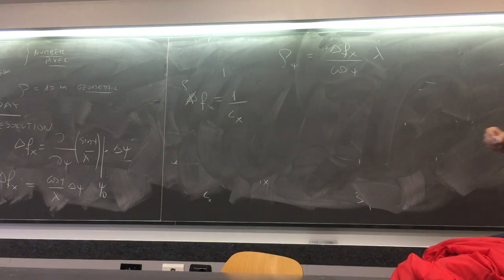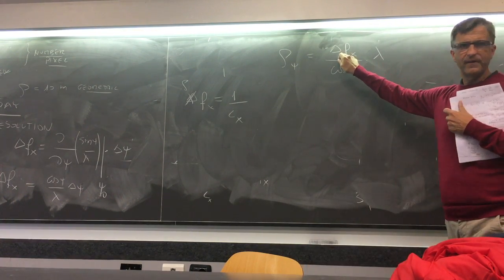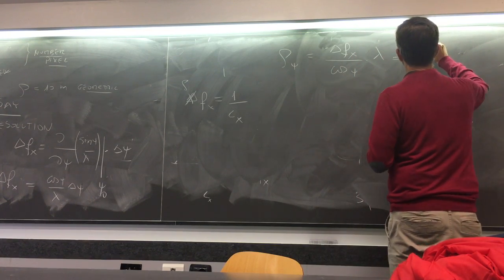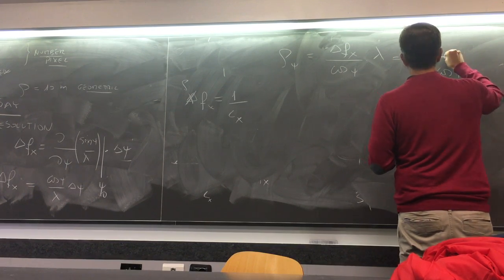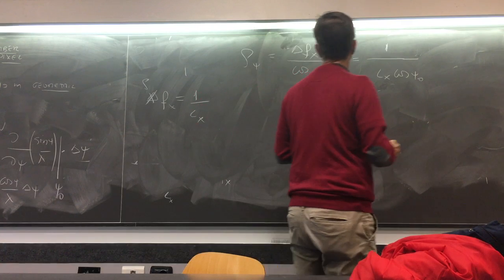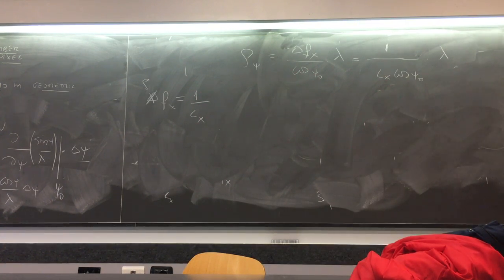Okay? What is the minimum frequency resolution? It is 1 over Lx. So this is 1 over Lx cosine of psi, where psi is psi0, where you're pointing, multiplied by lambda.